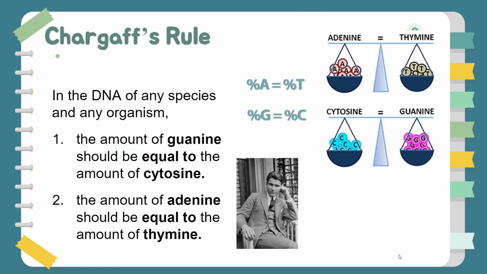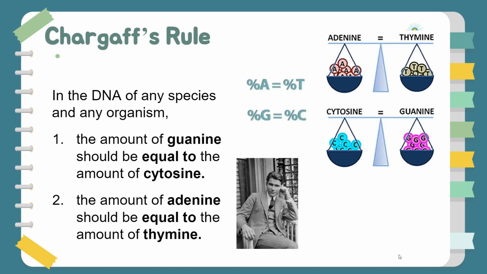Transitioning to the concept of Chargaff's rule. In the late 1940s, Erwin Chargaff, an Austrian biochemist, published an observation describing the specific pairing of nucleotides in DNA. In his publication, Chargaff stated that the amount of adenine equals the amount of thymine, and the amount of cytosine equals the amount of guanine.